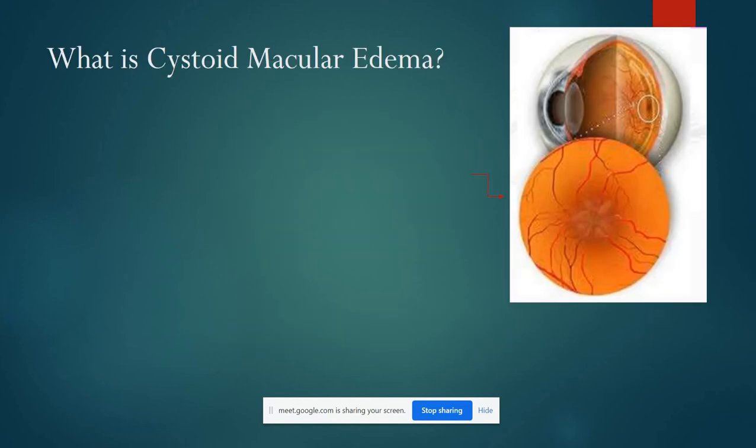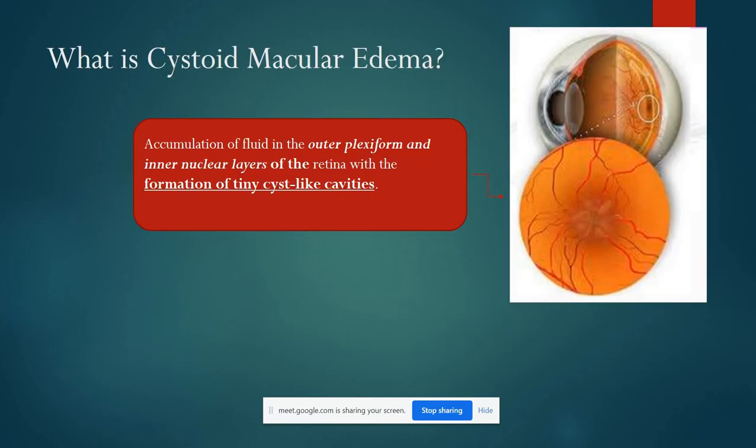Okay, so what is cystoid macular edema? Mostly there is fluid in the outer plexiform layer and fluid in the inner nuclear layer of the retina, and whenever such fluid forms, a tiny cavity is formed.